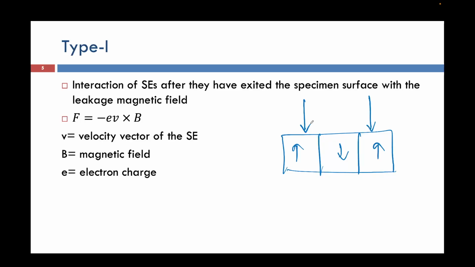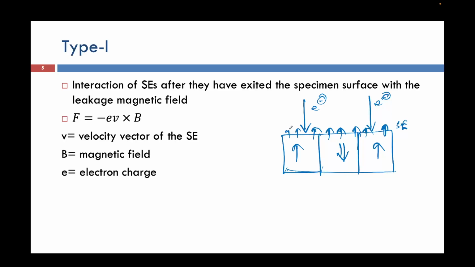This is the electron beam, and these are my secondary electrons going out. These are the AC. Now I'm only talking about the secondary electrons, I'm not talking about the backscattered electrons. We'll see what happens to the backscattered electrons as well, but for now I am considering only secondary electrons.